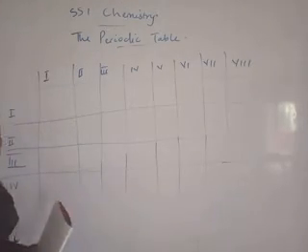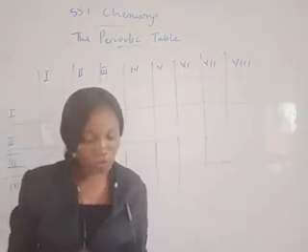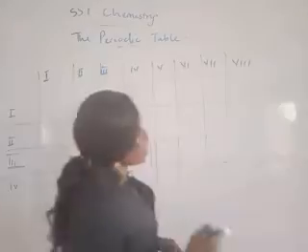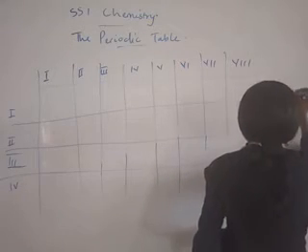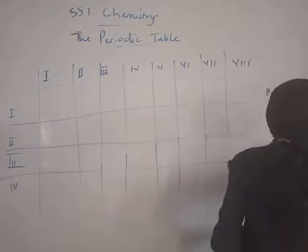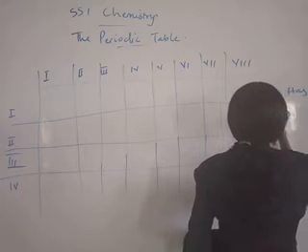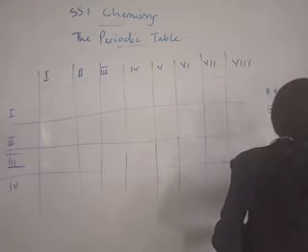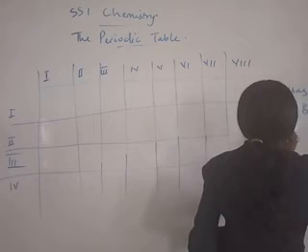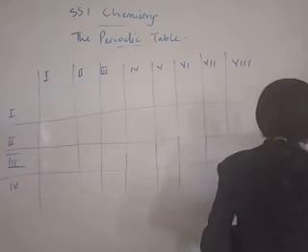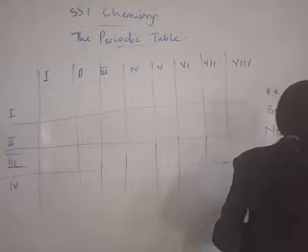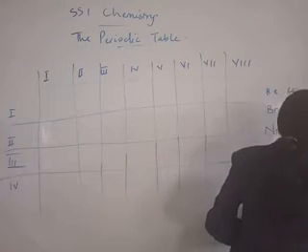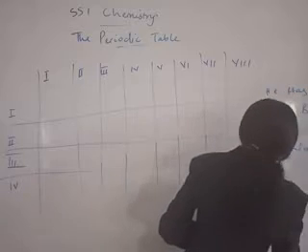Remember the memory tip you know for the first 20 elements. You can use this: He has light gray, but cannot offer full natural science.